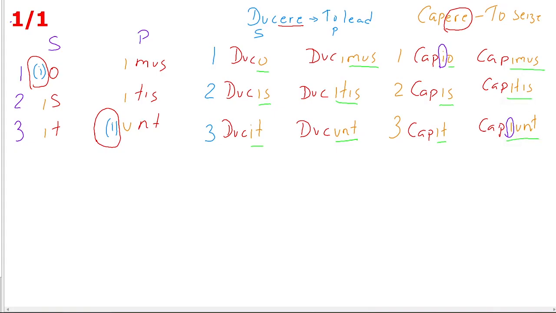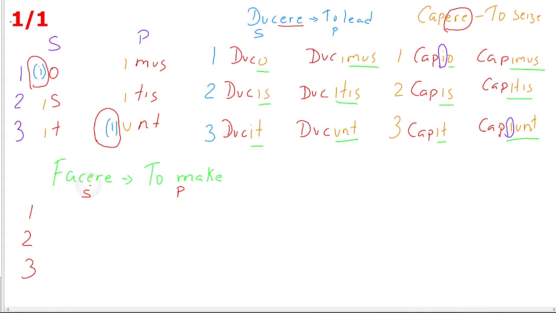So now with this, let's take another example. For example, let's take facere, which means to make. So therefore let's take a look at the first, second and third person singular and plural.